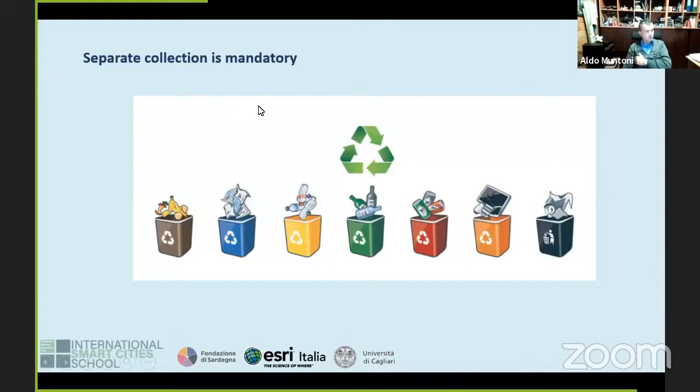Therefore, the separate collection is mandatory. We cannot think to recycle the different waste fractions if we do not collect through separate collection.